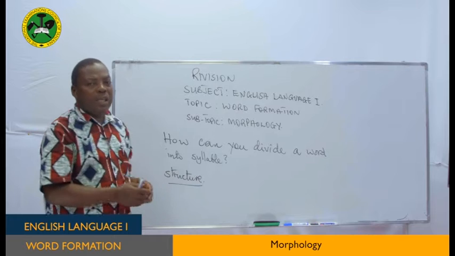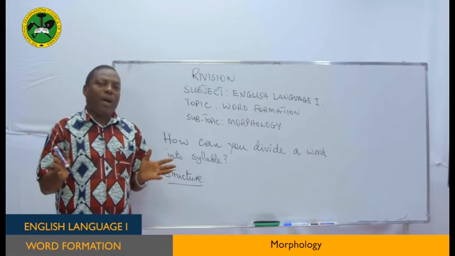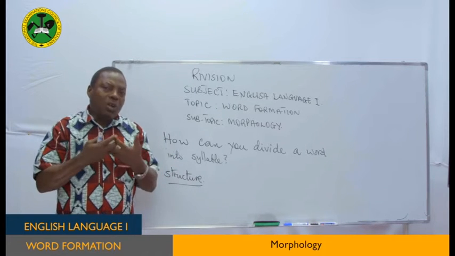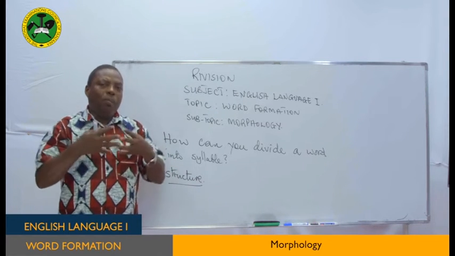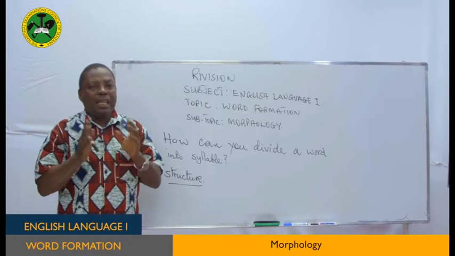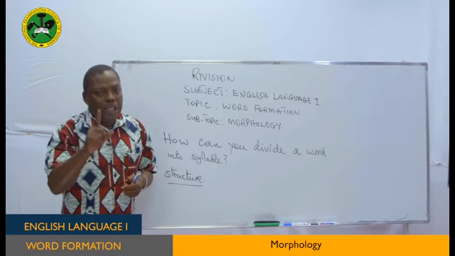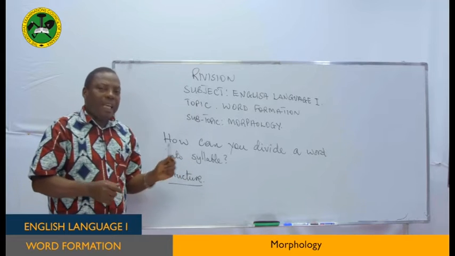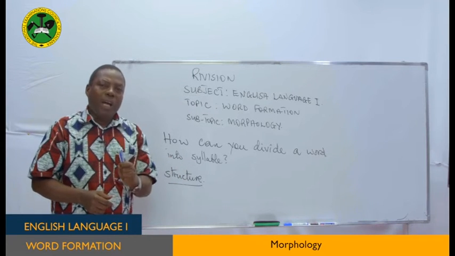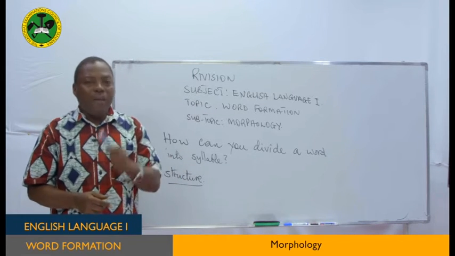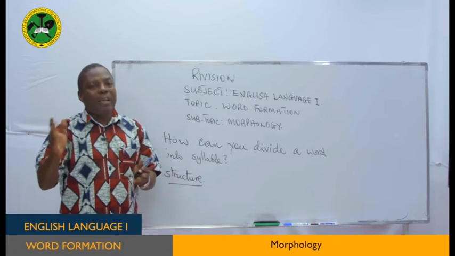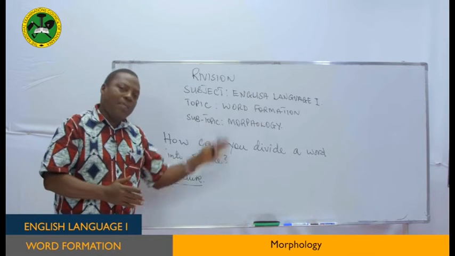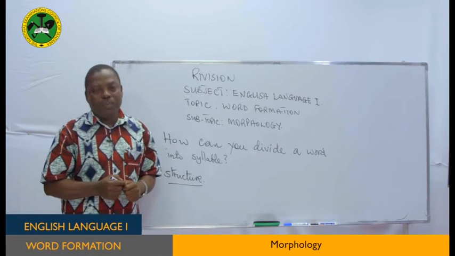In this study, sometimes we'll find ourselves talking about both sounds and letters. But mostly, we'll look at the structure in terms of how a word is written, and thereafter, how you can divide that word depending on the elements that we are going to see.